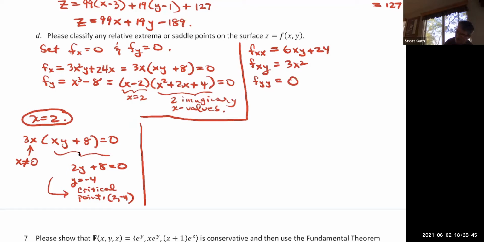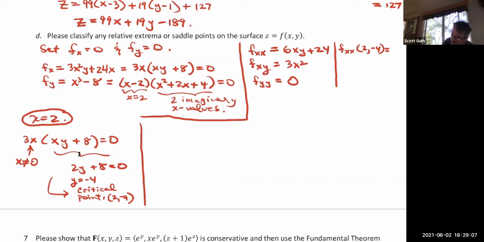Now, we could evaluate at our point. So if we do fxx at (2, -4), what's that? So that's 12, -48 plus 24.